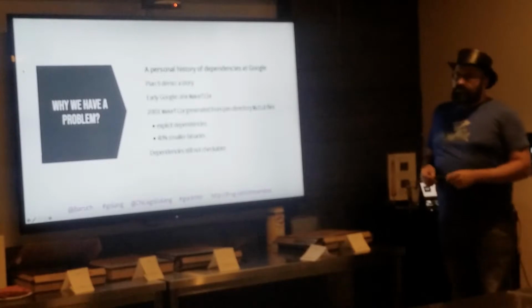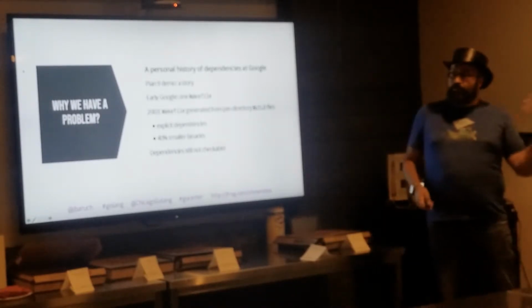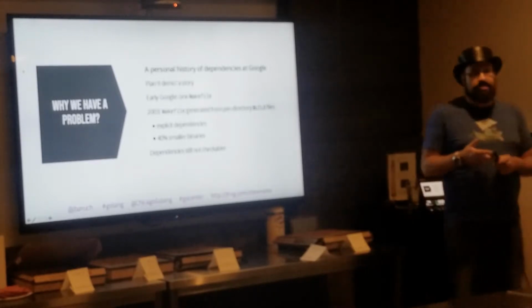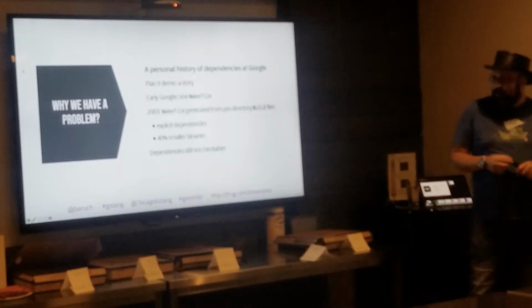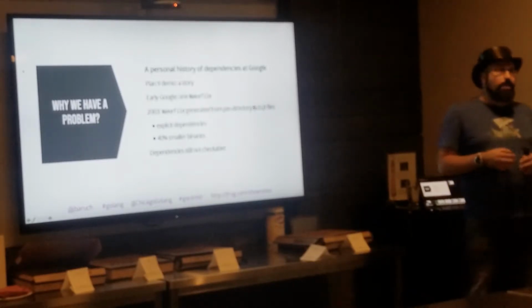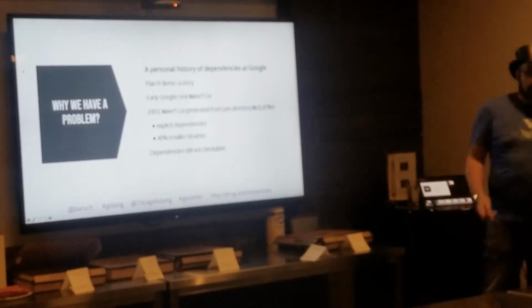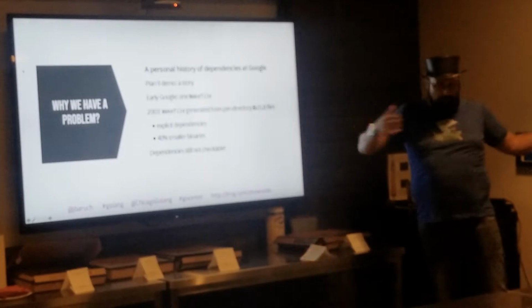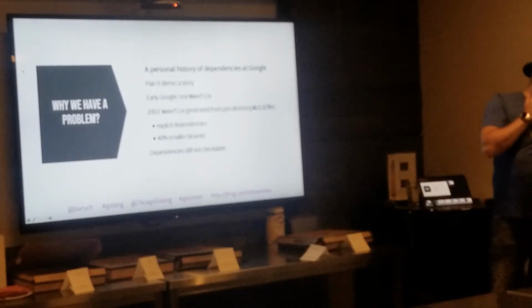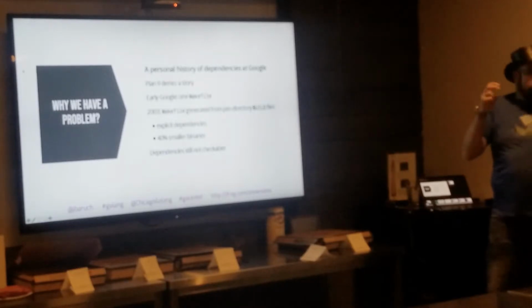Also, they weren't very pleased with the languages themselves that were in use back then in Google, and that was C++ and Java. They wanted a better language. This is how it came to be, and they came to the point when they needed to fix this problem of dependencies. When they had everything in one source tree, they decided they are going to take what is known as the Go approach.